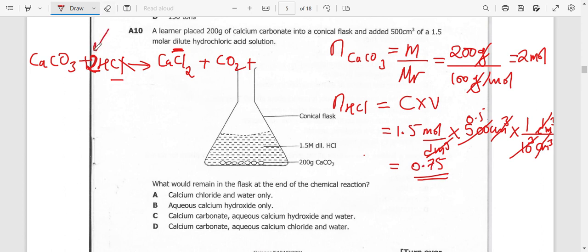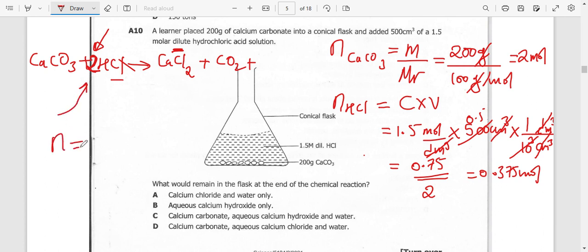Since hydrochloric acid had a 2 in front, the answer that you have found is divided by 2. That is going to give you 0.375 moles. So you always divide by the number that is in front.